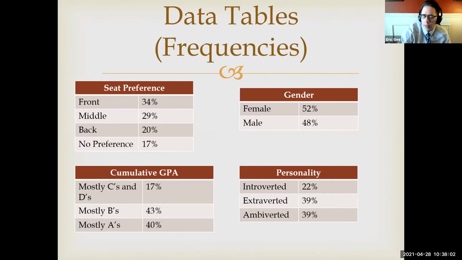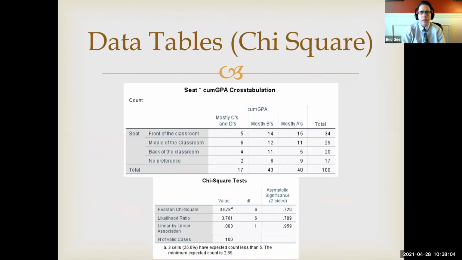So what I did is I used something, again, this is not important that you know, but I used a statistical procedure called chi-square in order to analyze the data. And again, don't worry about writing down chi-square. But you can see in that very first chart, which comes from a particular program that I used, this is the cumulative GPA by seat preference.